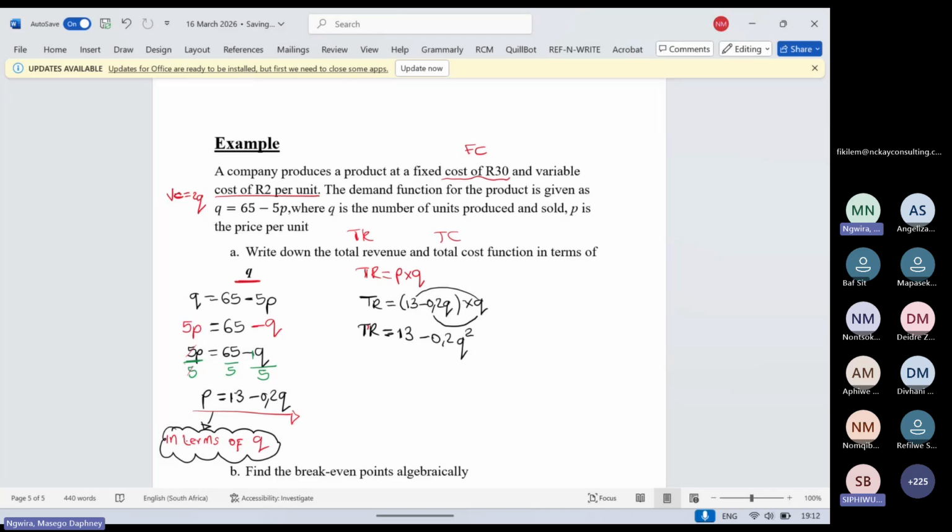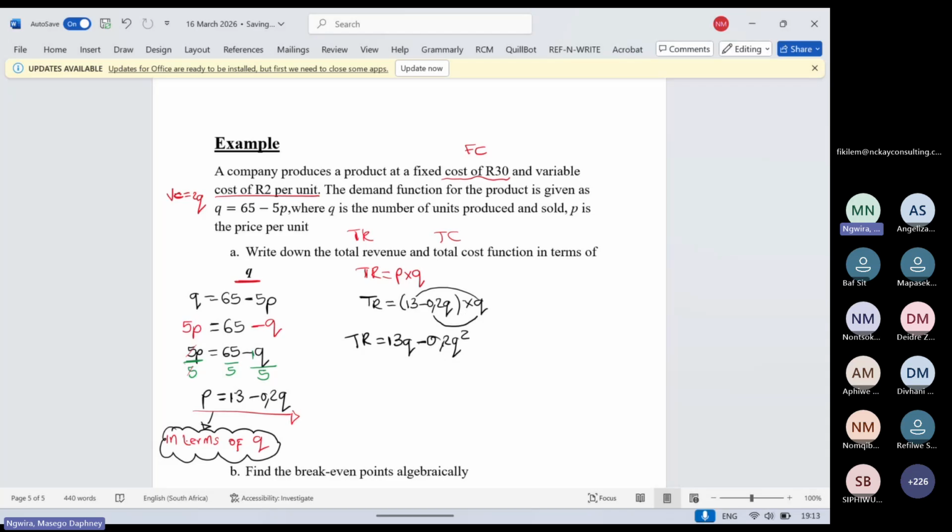That's my total revenue function. Oh, why am I missing the Q? Okay, let me write again. TR is equal to 13Q minus 0.2Q squared. Yes, that's our total revenue.